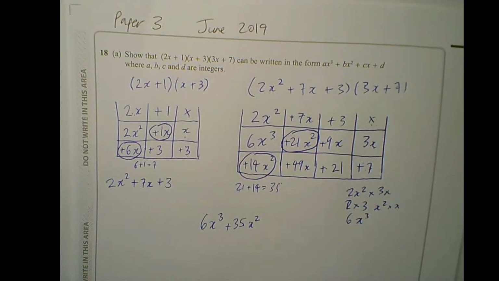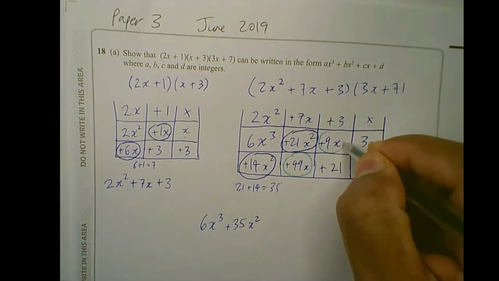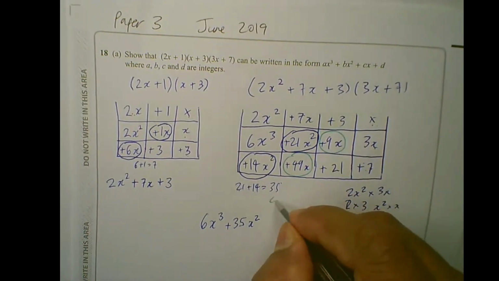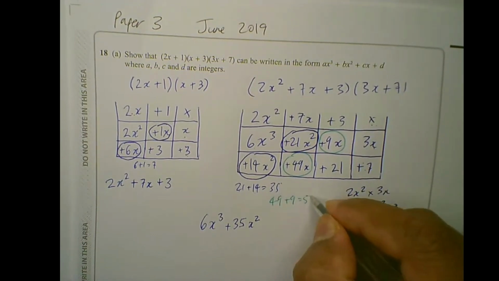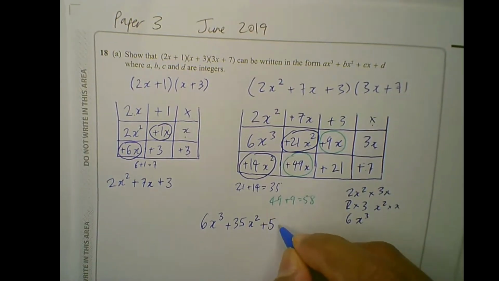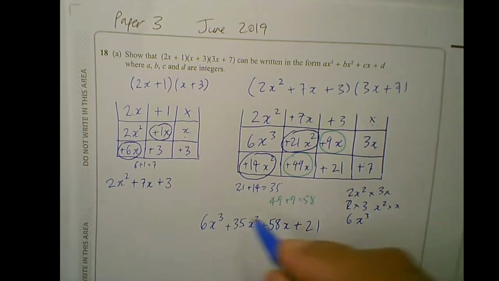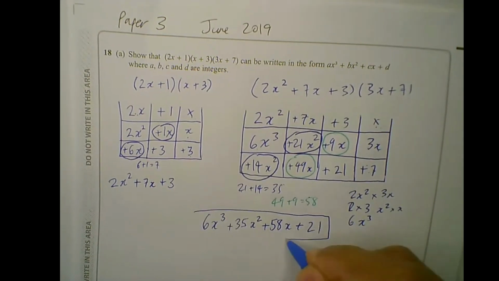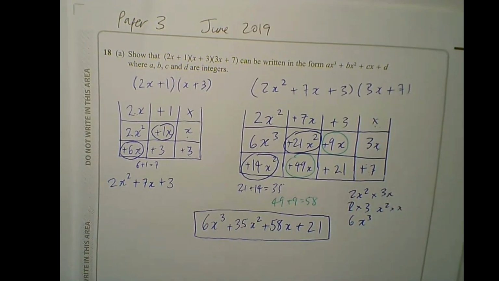And then my next terms, which are 49x and 9x. These are my like terms. 49 plus 9 equals 58. So plus 58x, and then my number term plus 21. And so that is my final answer. Hopefully you got the same answer. Well done if you have.